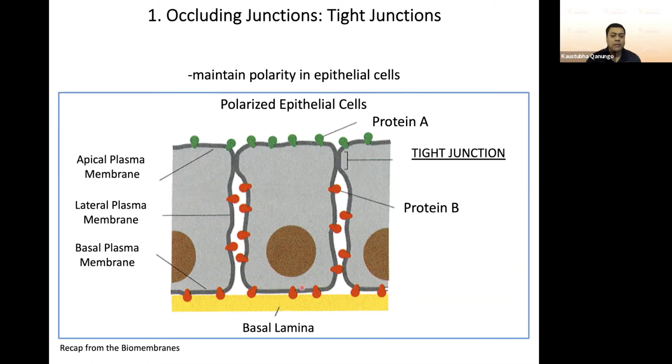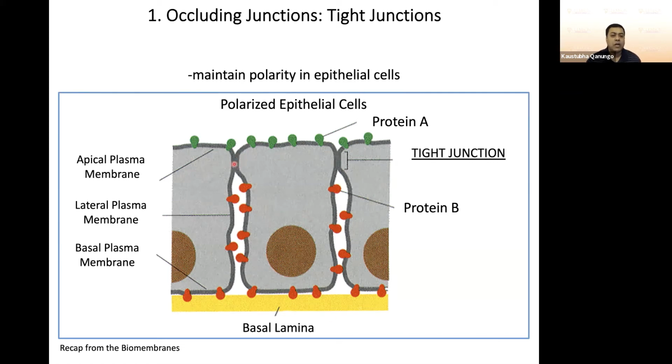So this part, the side and the bottom, is the basolateral surface. Whereas right here, the top part is the apical surface. And what you are seeing is that you have a protein A, which is green, on the apical plasma membrane, whereas you have this red protein, protein B, on the basolateral surface, but they are polarized, two different proteins. And who maintains that? Right here, the tight junctions.